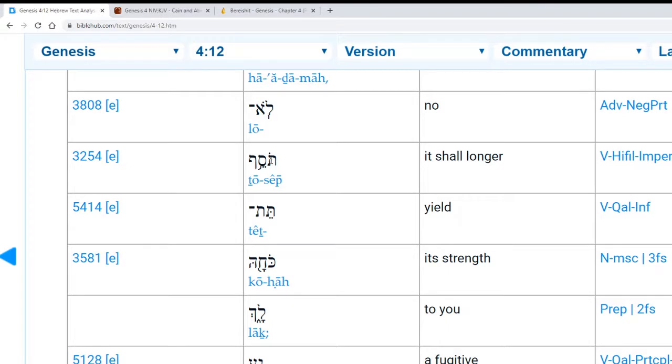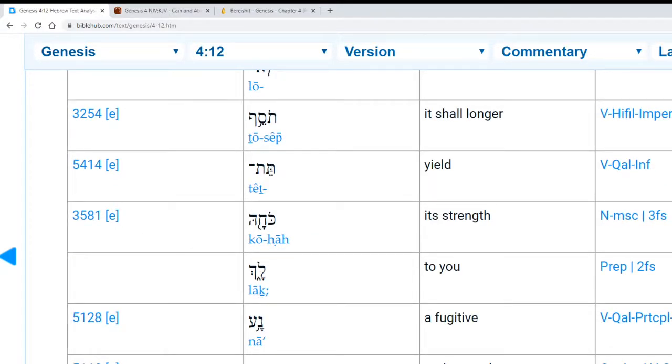Lo, not, without the vav. Tosef, right? So this is the same root, I would say, as we had with Eve giving birth to Havel. It says, and she continued, right? Lo tosef, shall not continue. And this is in the command form, possibly. You can try to figure out the samach bet, the pay is definitely there.